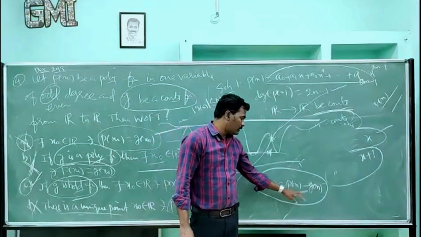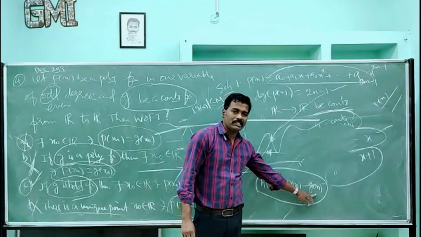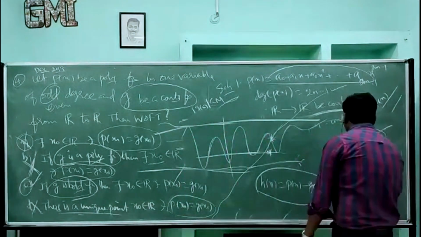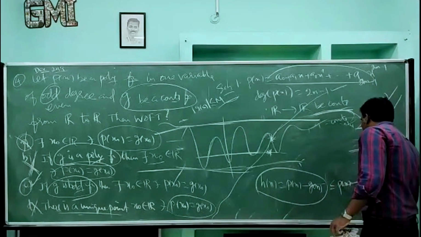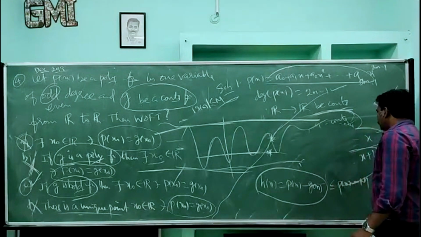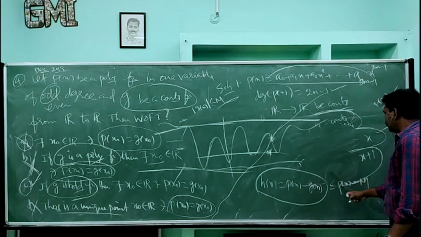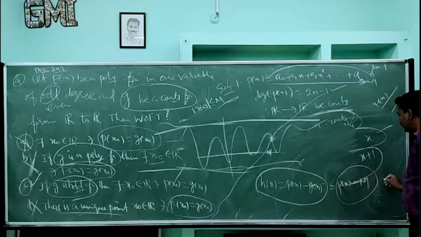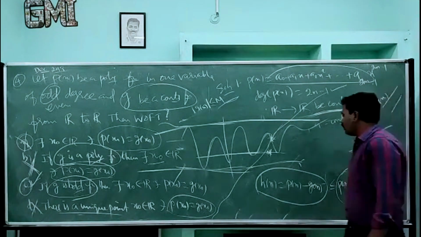G of x is bounded, say by M. For some x, P of x is less than or equal to minus M, and for some x, P of x is more than M. So therefore, this is somewhere positive.